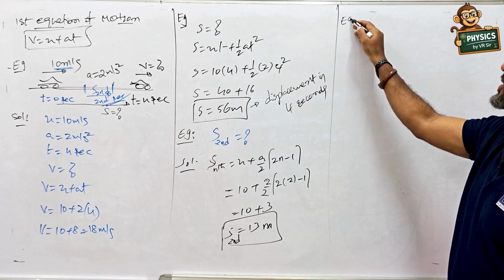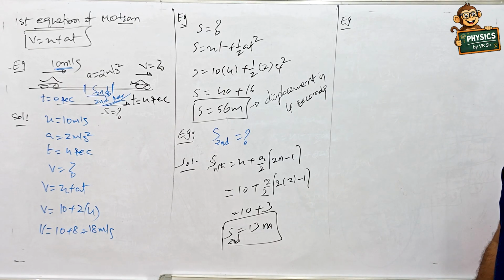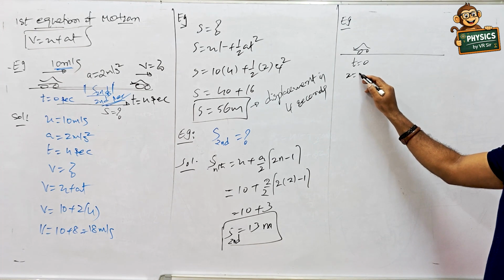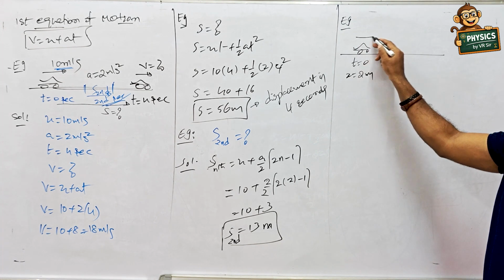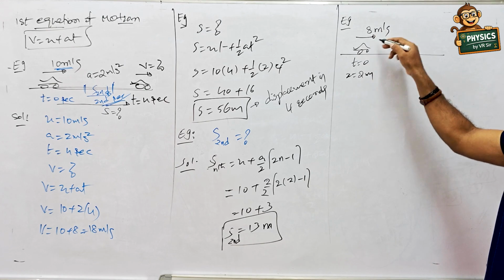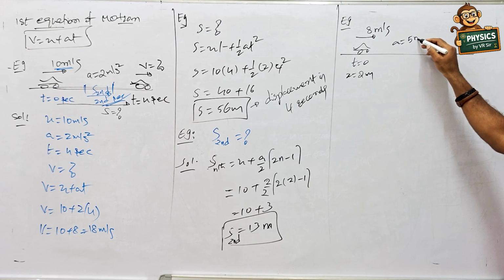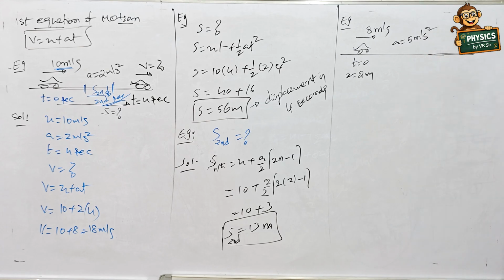Now you try this next example. I am leaving it to you for homework or a workout session later on your own. At t equivalent to 0, the position is at 2 meters. It is moving with a speed of 8 meters per second. It is maintaining a constant acceleration of 5 meters per second square.